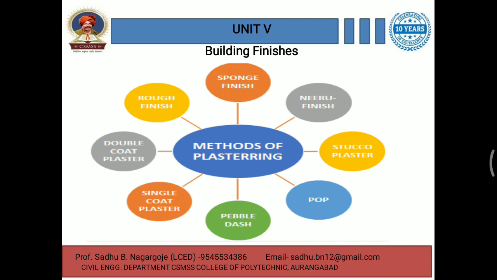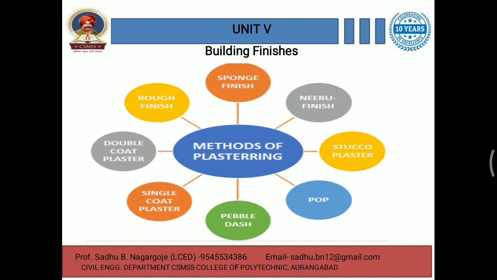Hi friends, in this video we are going to study plaster: what is meant by plastering, the necessities of plastering, and after that the methods of plastering. This is a simple concept diagram for the methods of plastering.